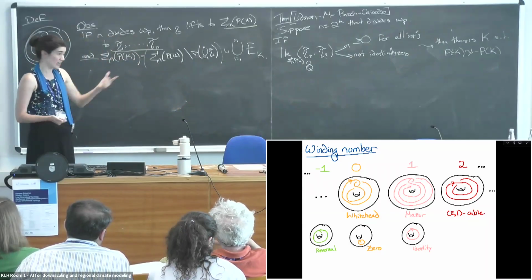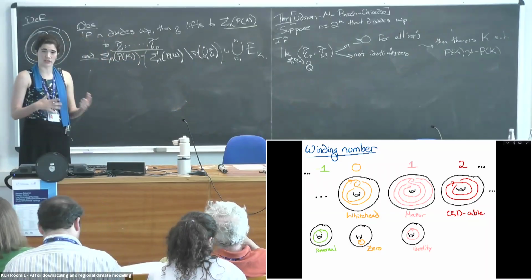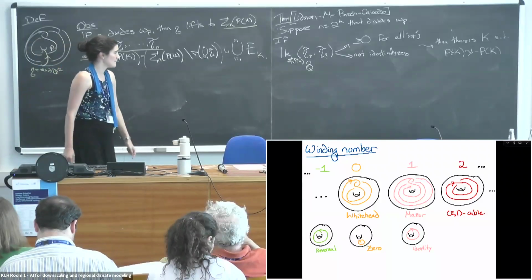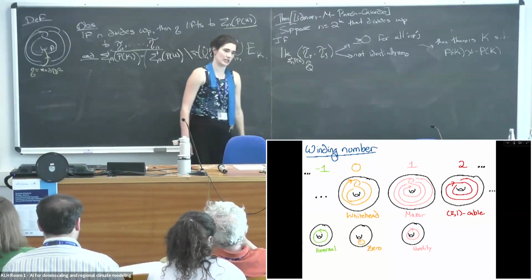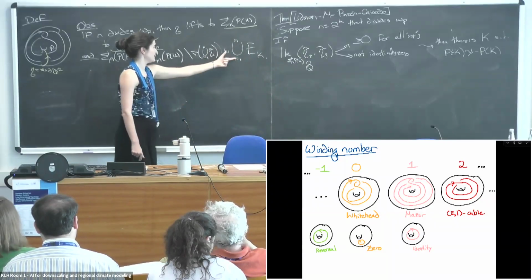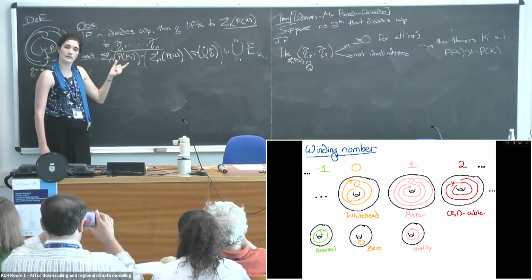In fact, I want to tell you a little bit more about the proof of this theorem, how we leverage this linking number condition to get control on the d-invariants of these composite things.